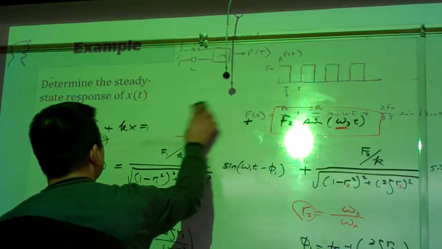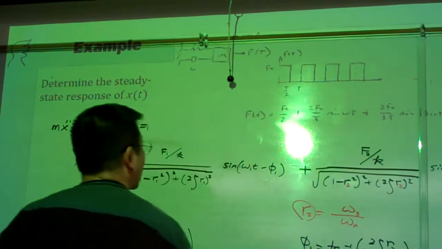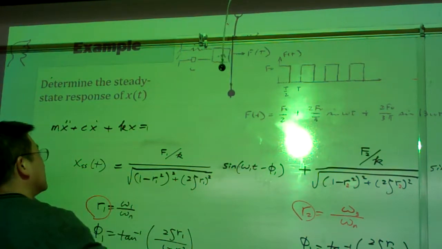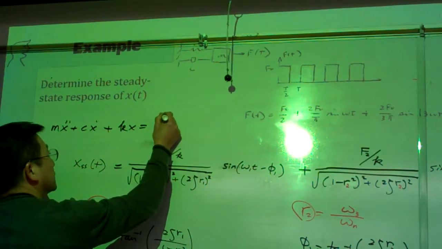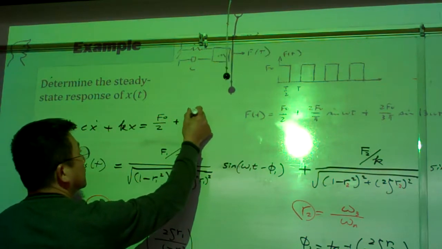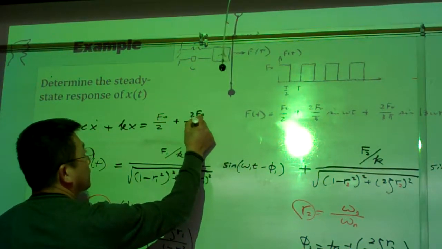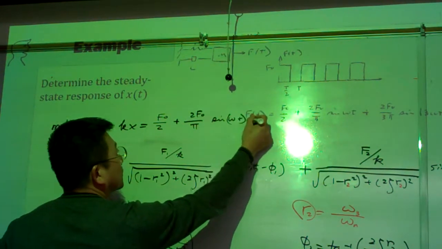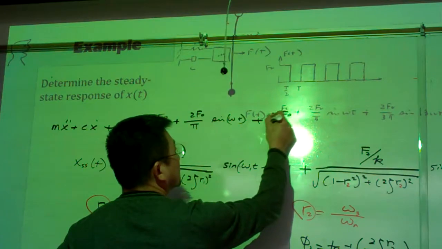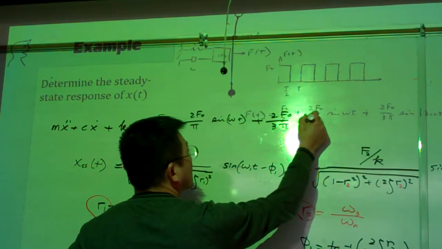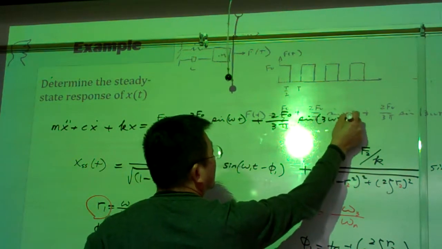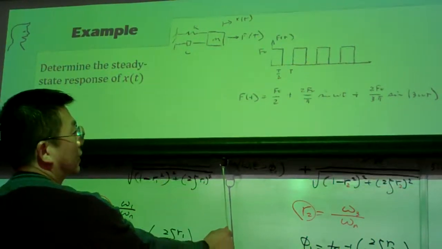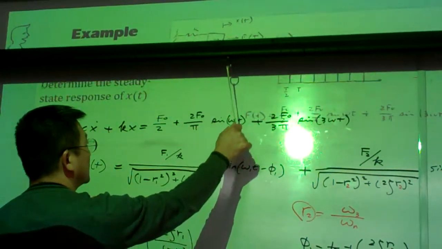So basically the similar problem, and let me copy this one here: F0 divided by 2 plus 2F0 divided by pi sine omega t plus 2F0 divided by 3 pi sine 3 omega t. Okay, so basically the problem is like this. I copy that from there to here.